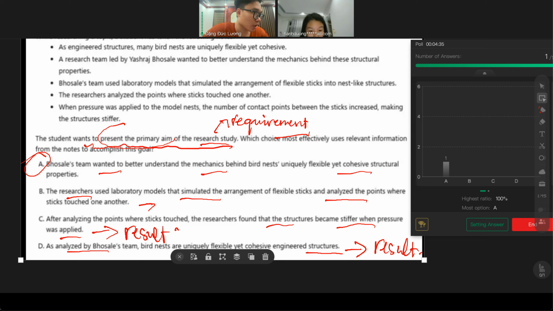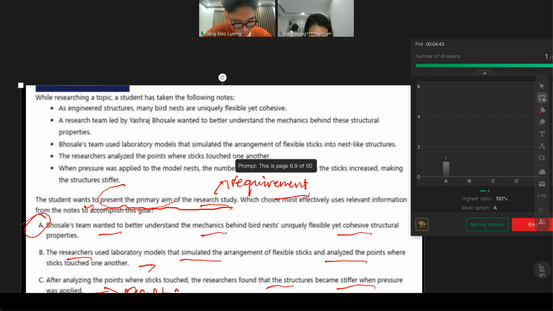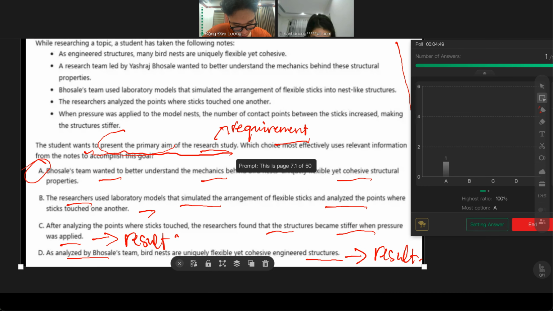And for some hard questions, you have to read all the bullet points. But for some easy ones like this, you only need to read the requirements, which is already enough for you to pick the answer. Okay.